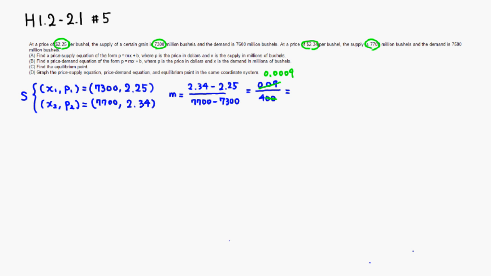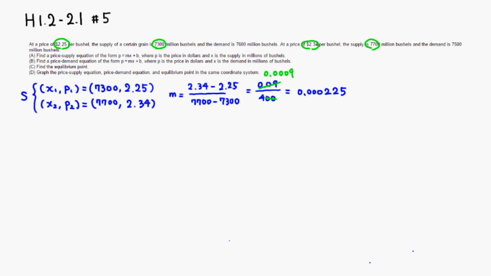So this is going to be 0.000225. I can put the 4 into 9 twice, and then 10, so another 2 and 5. Alright, so this is going to be the slope.